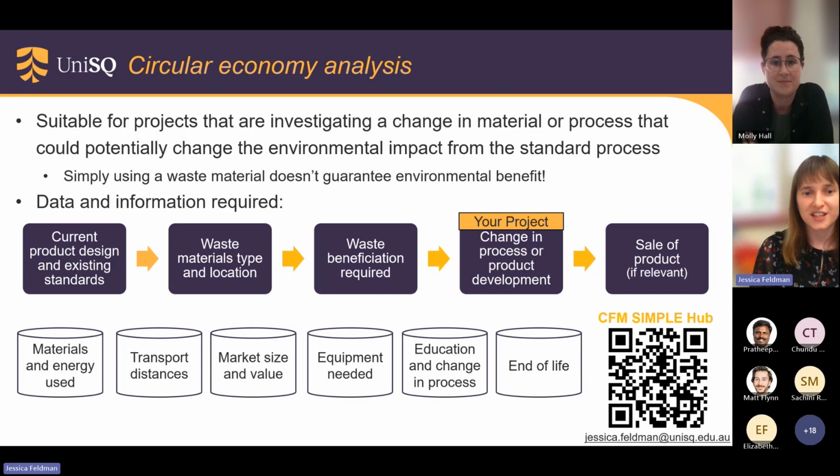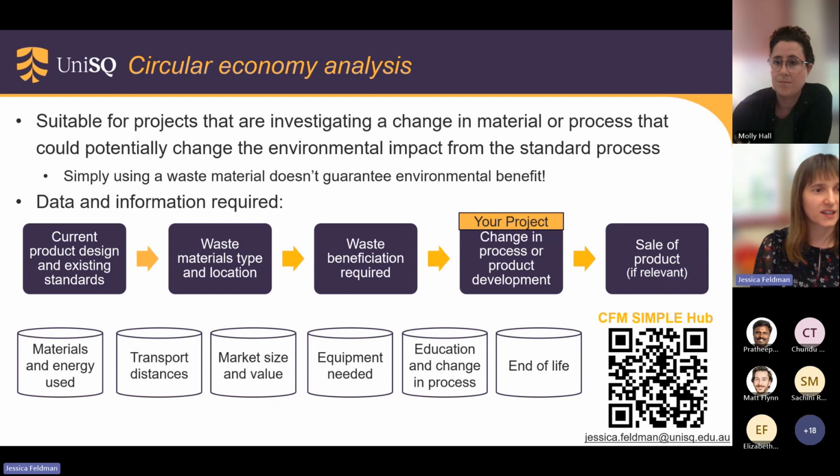So to finish my presentation off, I just wanted to talk more broadly to explain when circular economy analysis should be used. The example I focused on today is waste glass, which is quite broad because I looked at the whole state of Queensland. But we also do this type of analysis for specific process or product development changes. And that completely changes how the analysis looks because we have a lot more data, we can be a lot more technical.